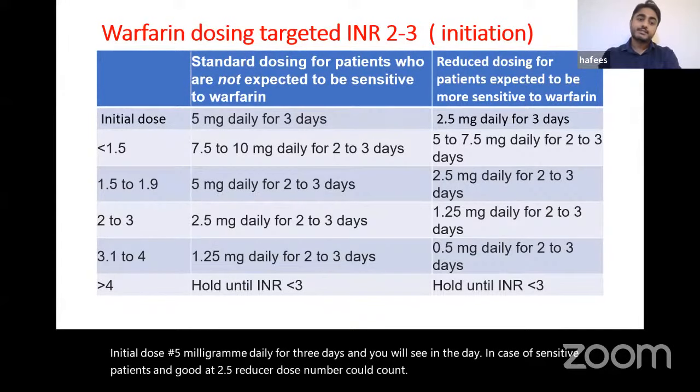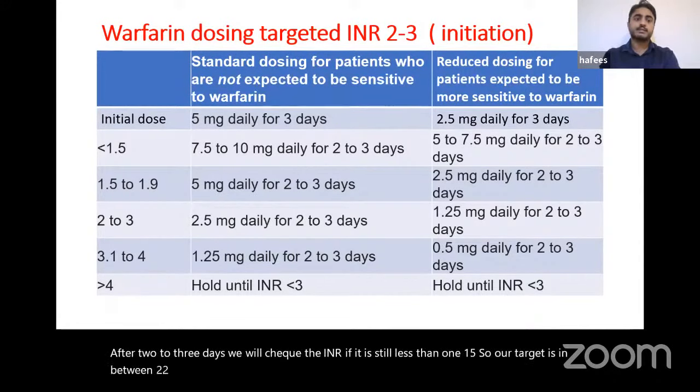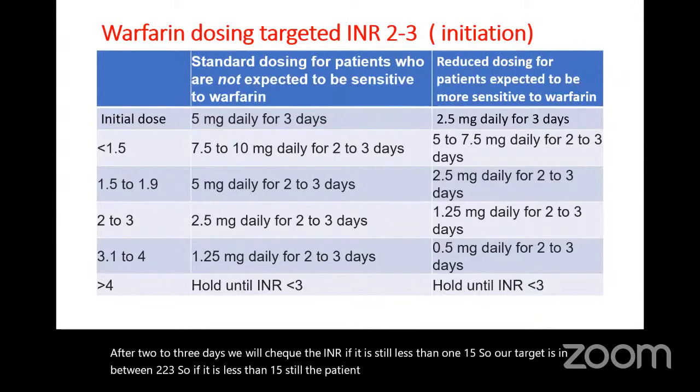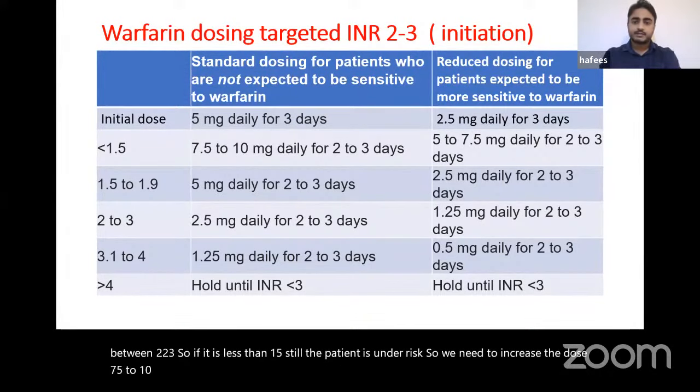After 2 to 3 days, we will check the INR. Our target is between 2 to 3. If it is still less than 1.5, the patient is still at risk, so we need to increase the dose to 7.5 to 10 milligram for another 2 to 3 days.